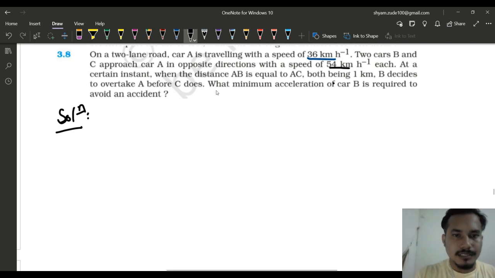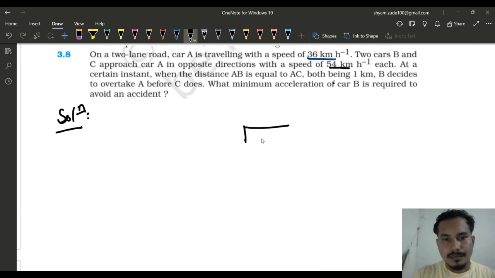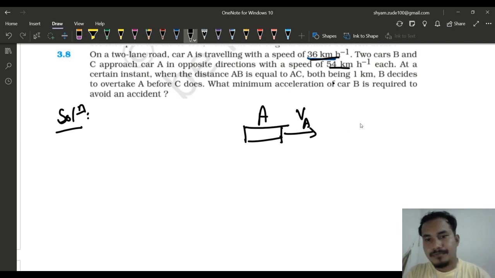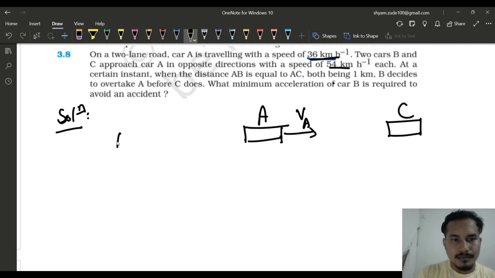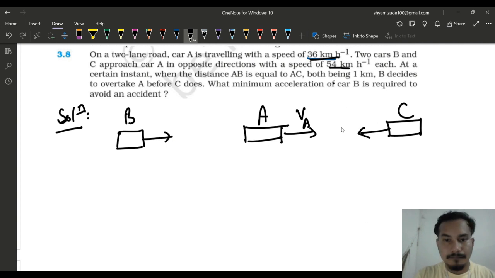So the situation here is like car A is moving with a speed of 36 kilometer per hour. Suppose it is VA, and car B and C. So this is car C, this is car B, and B and C are both moving in opposite directions, with speeds VB and VC.